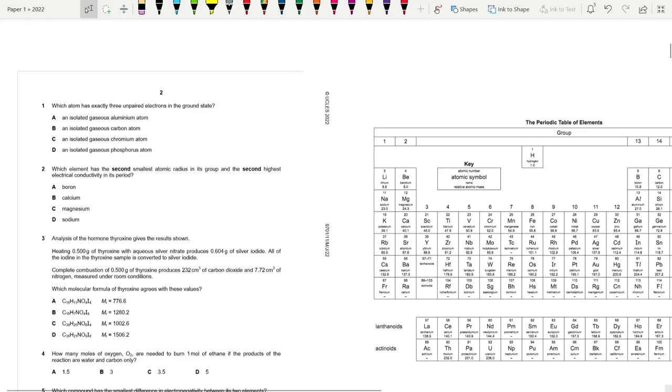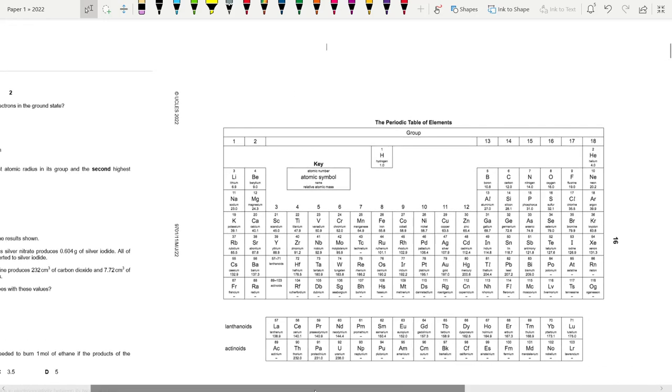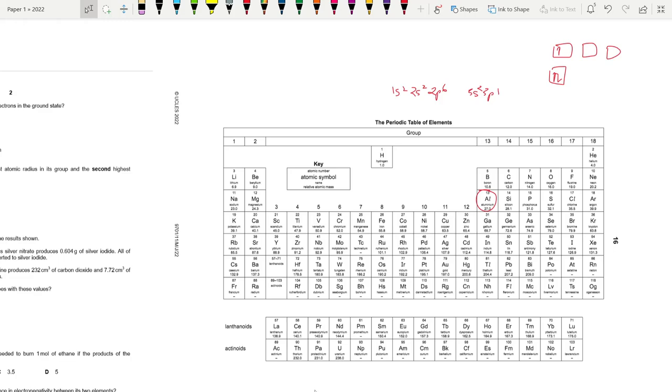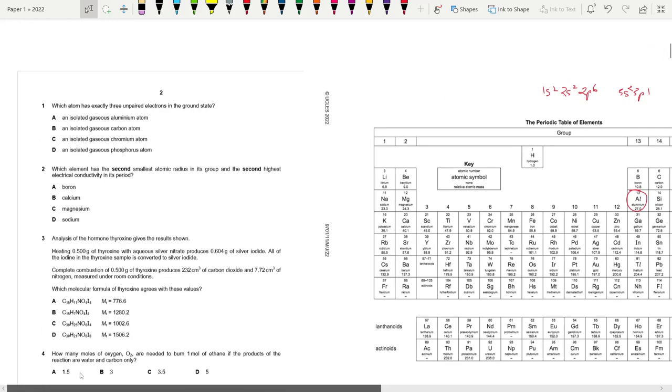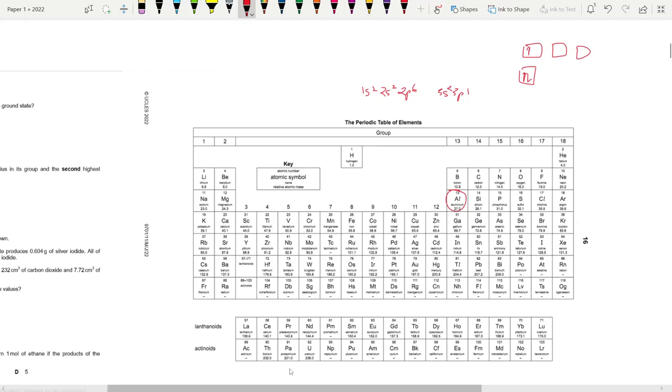We need 3 unpaired electrons. For aluminium, basically it's 1s2, 2s2, 2p6, 3s2, 3p1. The 3s2 orbital is full, and one of the 3p orbitals has 1 electron. So that's 1 unpaired electron only, understood? So it's not aluminium. It's probably going to be phosphorus or nitrogen. Someone in group 15, basically.